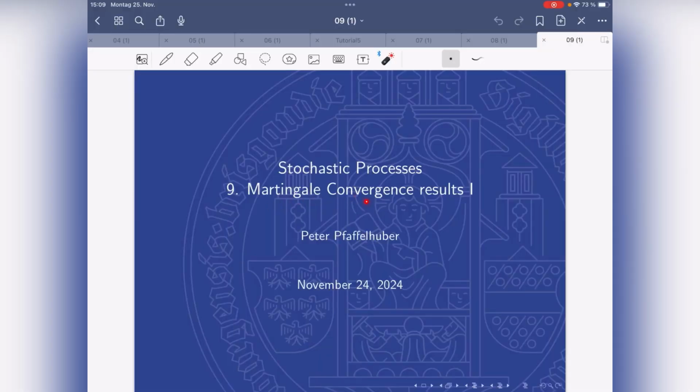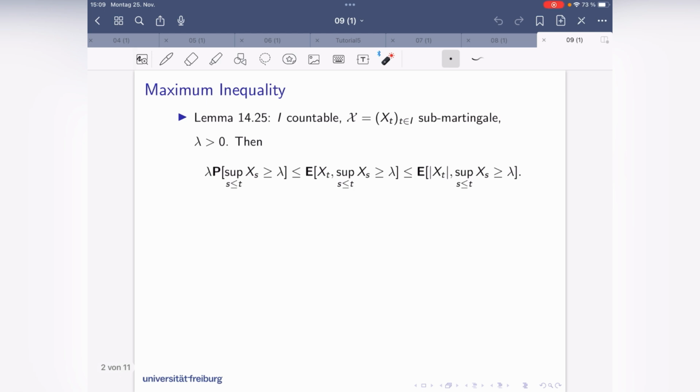So, martingale convergence result. First video about this. We are starting with the so-called maximum inequality, which was proved by Doob, who also invented all these martingales.